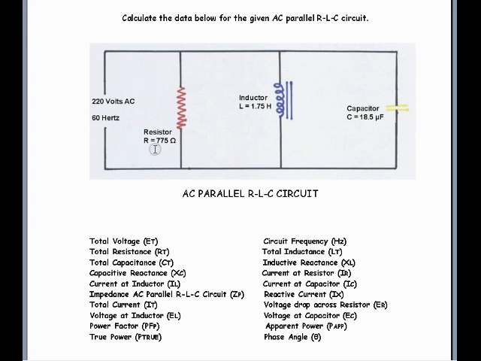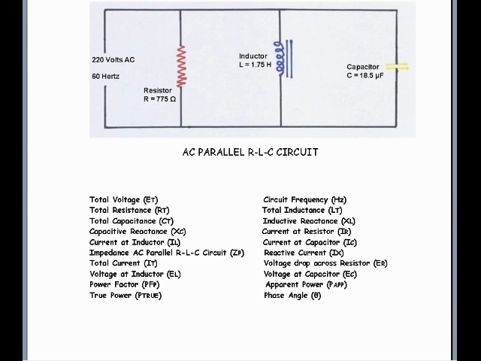It has a parallel resistance integrated into the circuit of 775 ohms, an inductor in parallel as well, measured at 1.75 henries of inductance, and a capacitor measured at 18.5 microfarads of capacitance. These are the values that must be calculated or known in order to understand the characteristics of this given circuit.